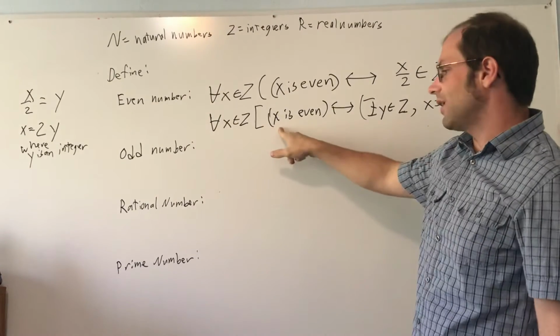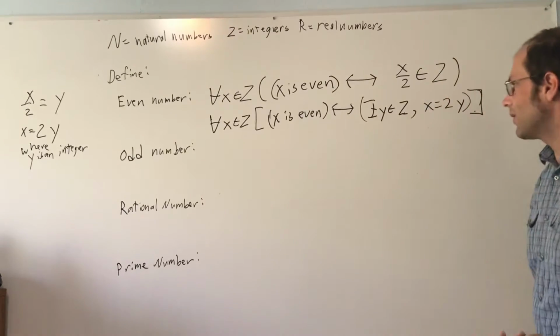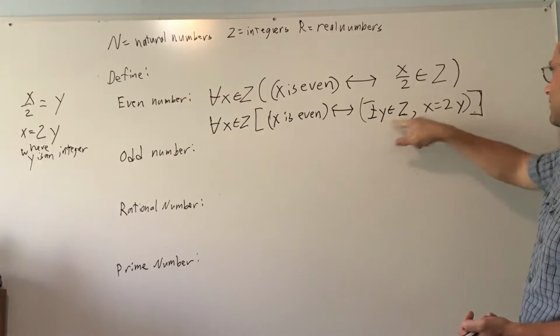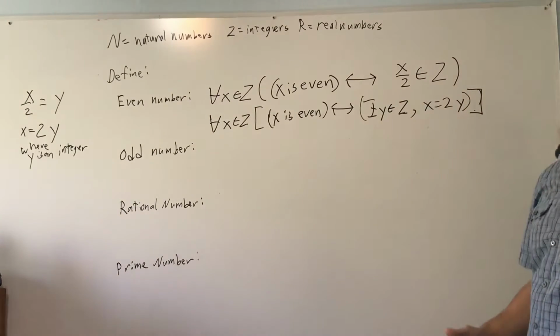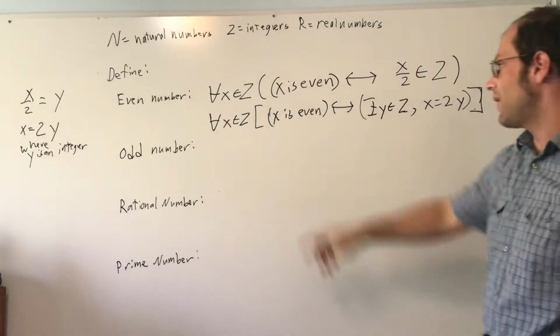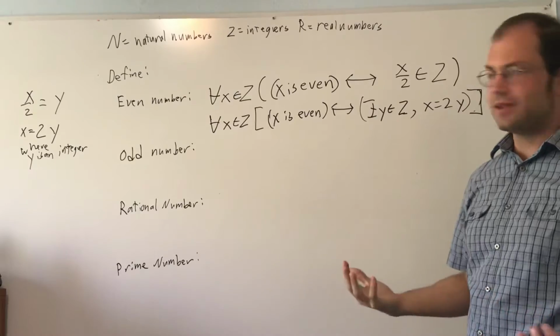If x is even, so maybe x is 10, 10's an even number, then there exists y such that x equals 2 times y. In that case, y would be equal to 5. Or if x is equal to 16, then y is going to be equal to 8.